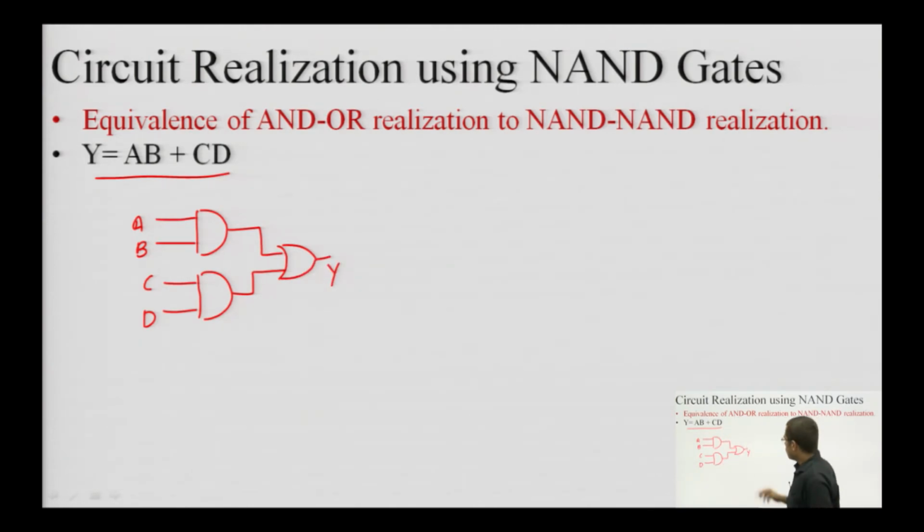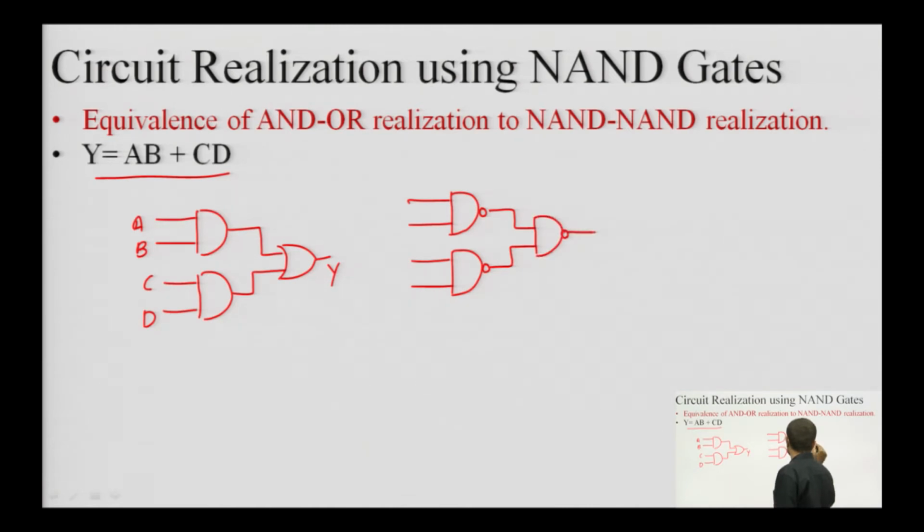Now, if I replace all these AND and OR gates with NAND gates like this, I am saying that both these structures are equivalent.